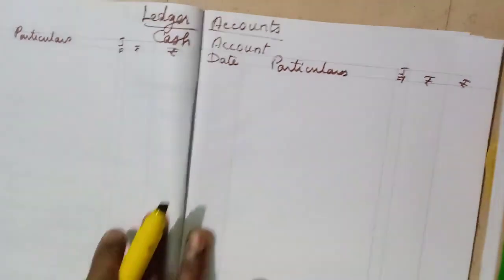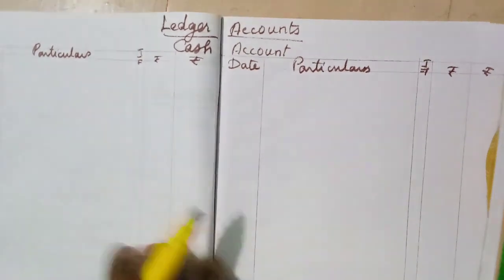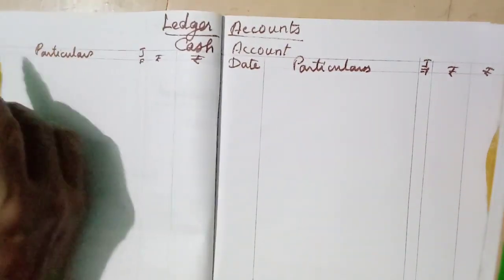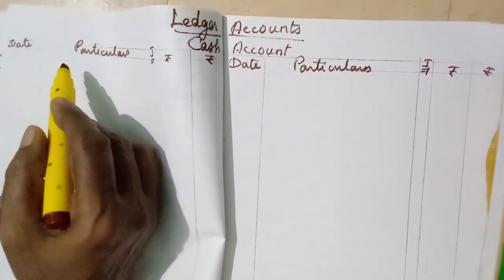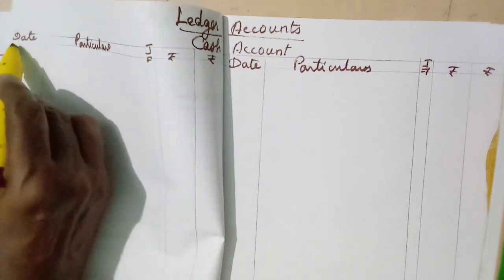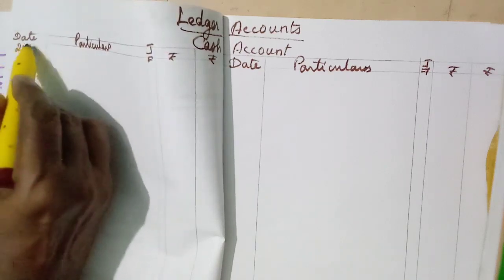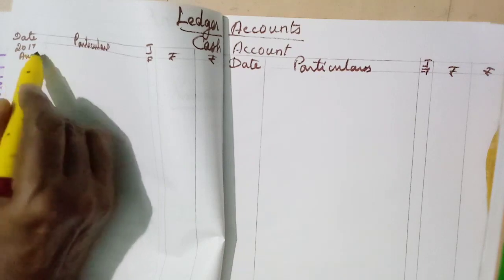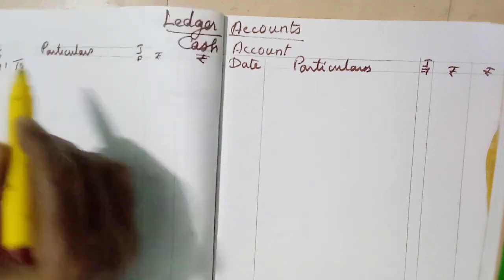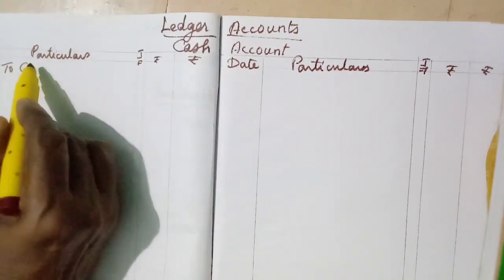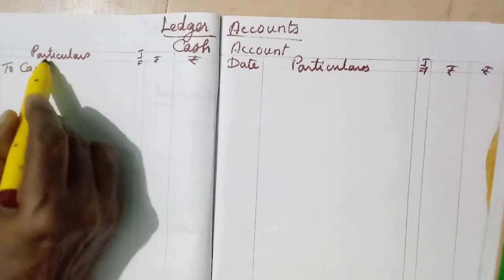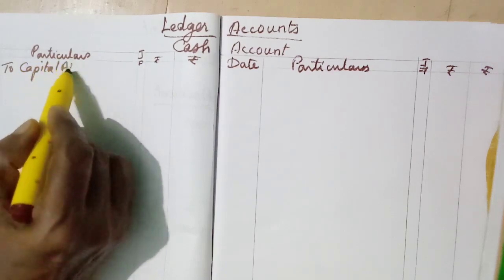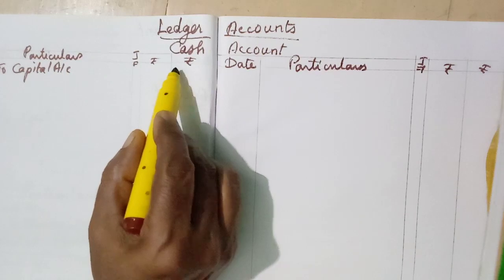First one, cash account debtor to Dharma's capital account. First you write the date. Okay. 2017 August 1 to cash account debtor to capital. Simply capital or Dharma's capital. 70,000.